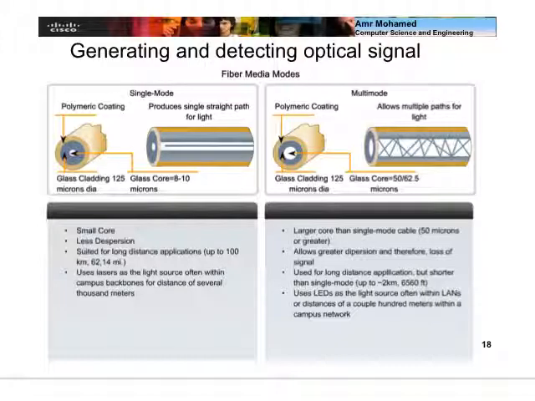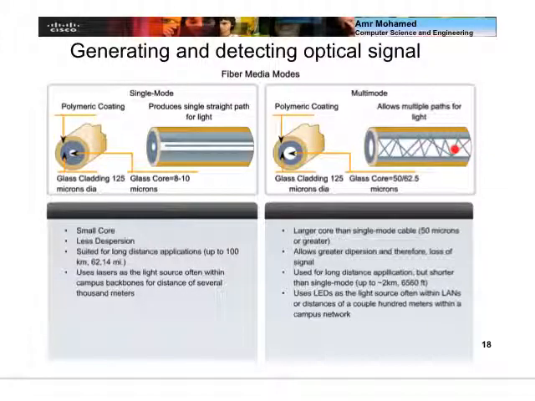For the case of multimode, because of the reflections inside, the core glass has a thicker, or larger, radius. In that case, it's about maybe 5 times the radius. And because of that, the light source can be a small LED or any non-sensitive device that can generate light using multiple wavelengths, and in that case the different wavelengths will go into multiple paths inside the core, and they can reflect.